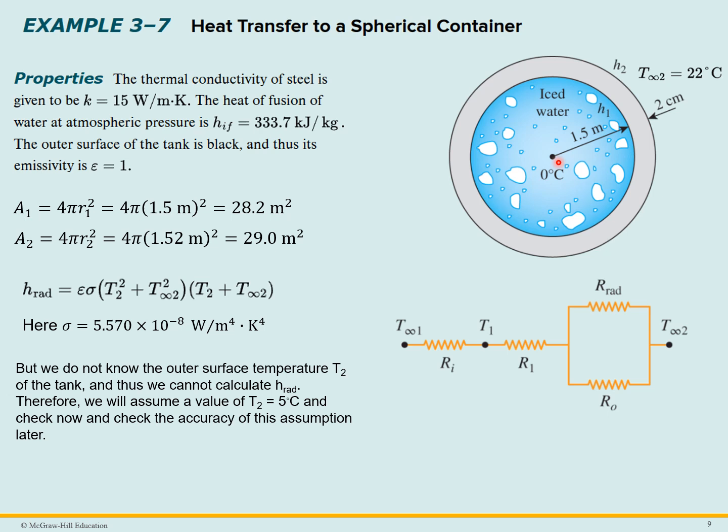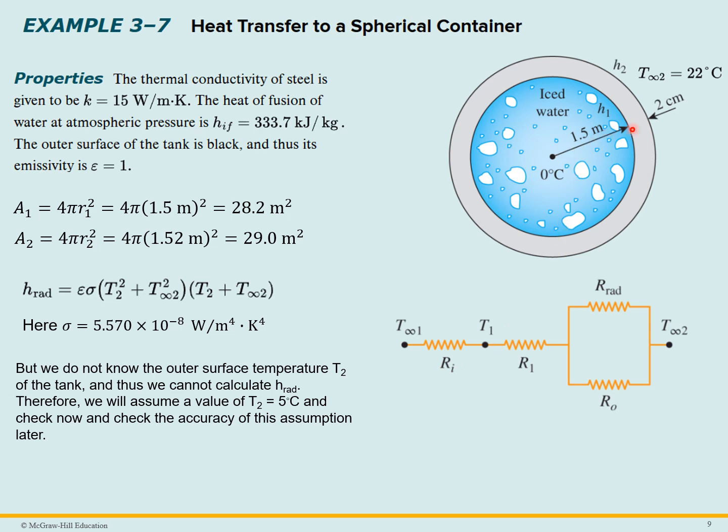So if you go from the inside to the outside here, you start at T infinity 1 at the center, and you go to T1, which is right at this outer surface. You have your conduction value we're going to calculate.